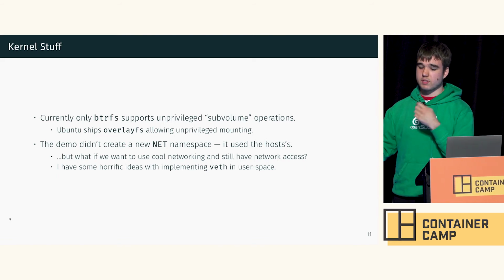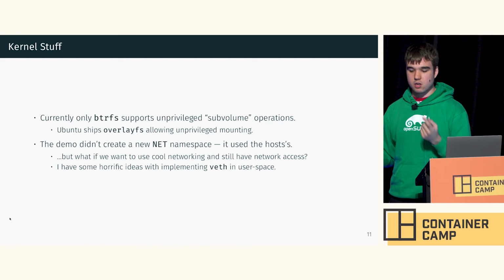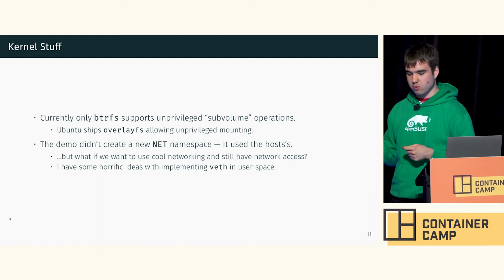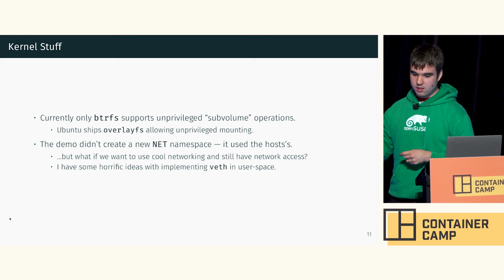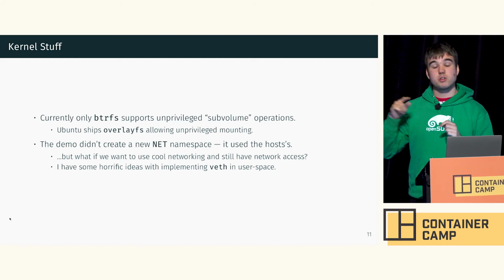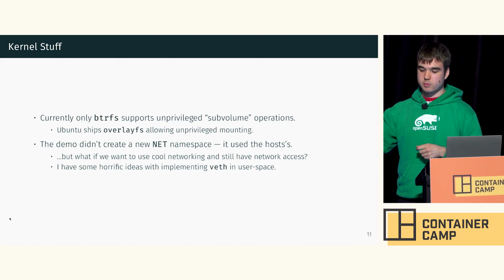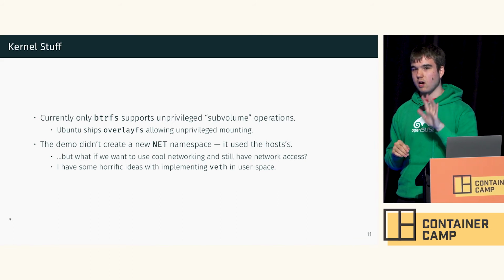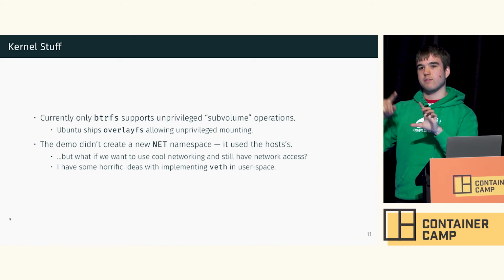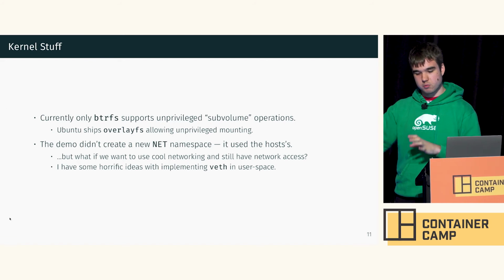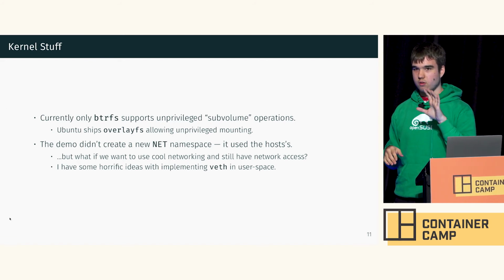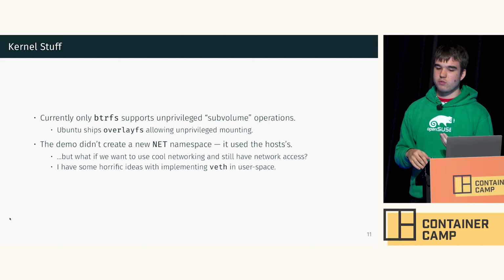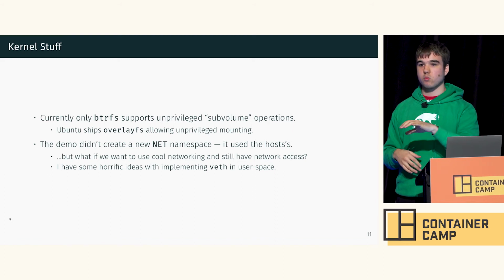Ubuntu supports overlayfs as an unprivileged user, but that's not upstream, and actually the maintainer called that a brave decision. The demo that I showed could connect to the network, and the reason it could is because it used the host network namespace. Basically, you can't use network namespaces and also have an internet connection due to some privilege problems, and that's fine, but what if you want to use, I don't know, iptables?